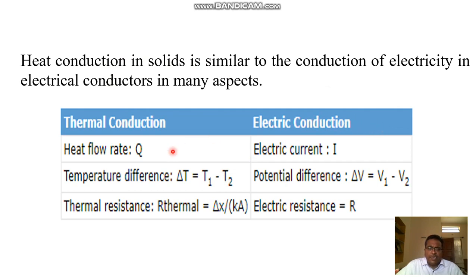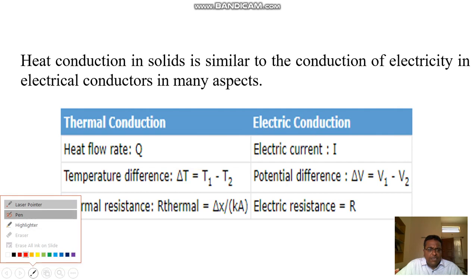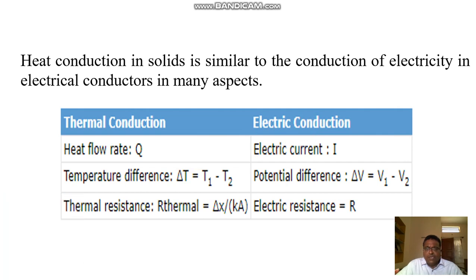We have around three parameters in heat transfer. One is Q, another one is the temperature difference, and another one is the thermal conductivity. The higher the conductivity, the higher the heat transfer.